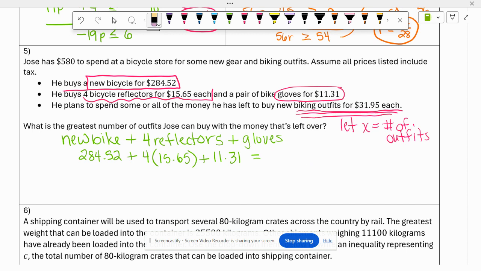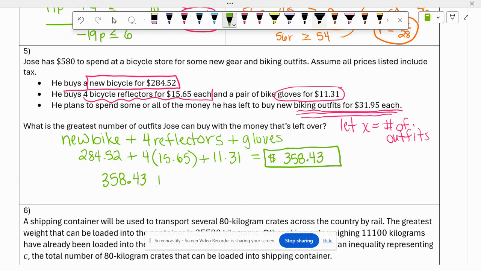Just total that, do that math expression or that math right there. Tell us what we get. Awesome. $358.43.